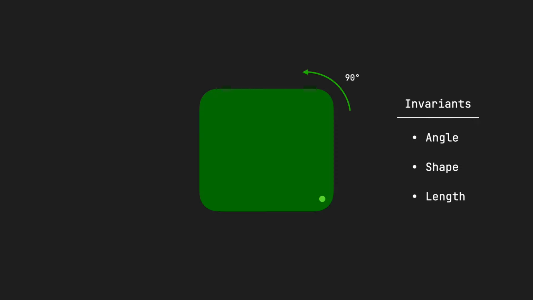Here I have a square, and I can rotate this square 90 degrees, and I could also rotate it 180 degrees. I could also rotate 270 degrees, and when I do so, there are certain things that are invariant, that don't change. For example, the angle doesn't change, the shape doesn't change, the length doesn't change.